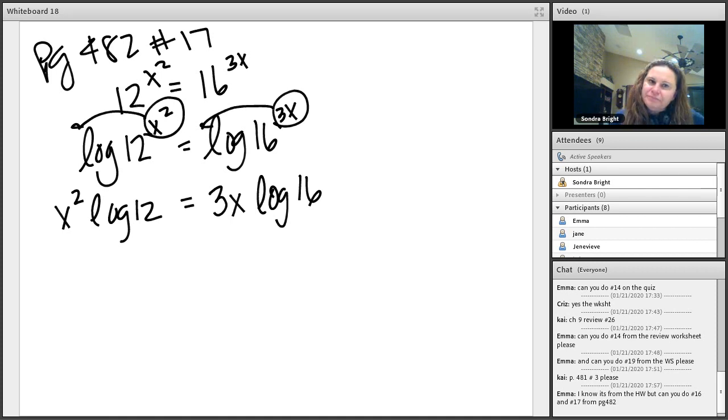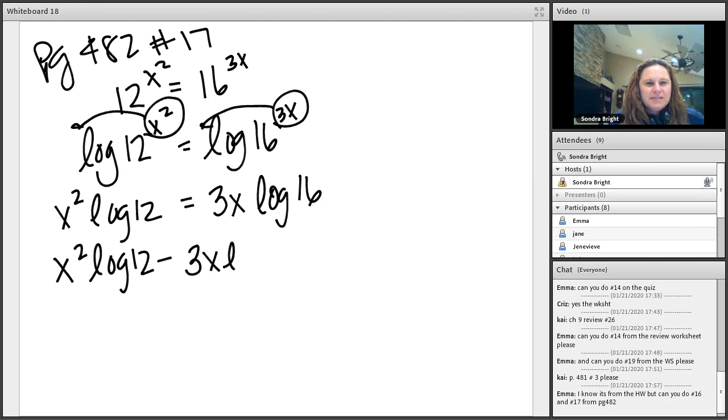Okay. So then what? We can do x squared times log of 12 minus 3x times log of 16 is equal to 0. I subtracted it.